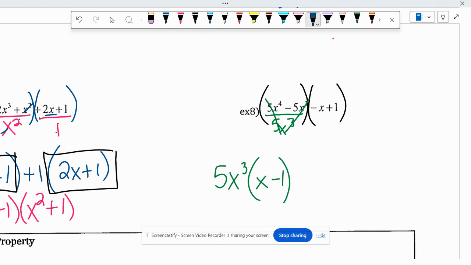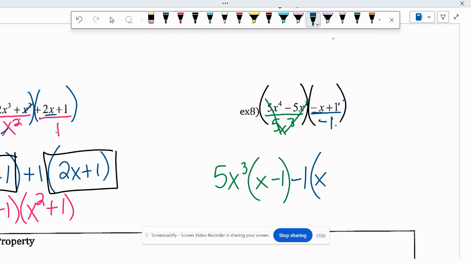When I look at my second term, my leading coefficient is negative. And typically, when your leading coefficient is negative, you need to take out a negative something. Well, the only thing that these 2 terms, negative x and a positive 1, share is a negative 1. So I'm taking out a negative 1. Negative x divided by negative 1 is positive x.